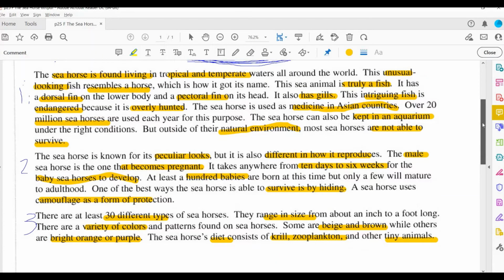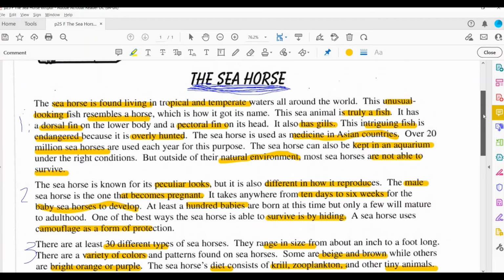Let's see. Paragraph 3 talked about there are 30 different types of seahorses. Paragraph 2, they're known for their peculiar looks, but it is also different in how it reproduces. So it tells you about the male seahorse and how they reproduce.